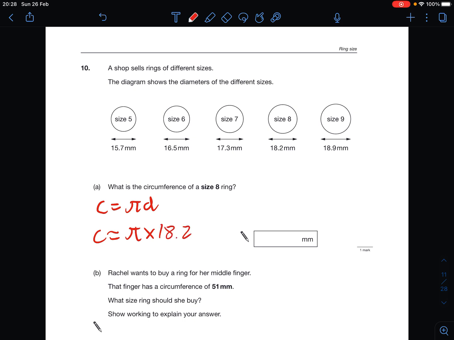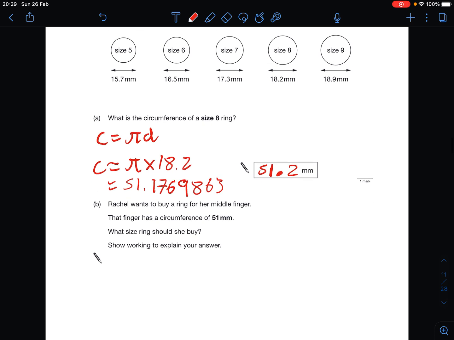That gets me 51.176983. It doesn't specify any kind of rounding, so you don't have to. I always round to 3 significant figures or 1 decimal place, so 51.2 millimeters.